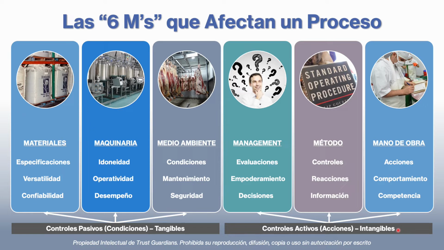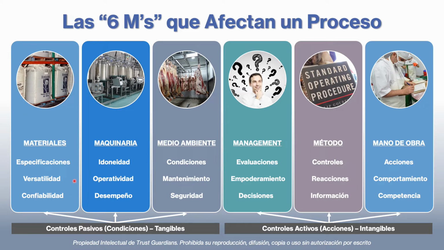how to think. Now, in the passive controls, we have the materials, specifications, flexibility of the supply chain, of the suppliers, and how you are with an approved supplier, or you have some trust in your suppliers.